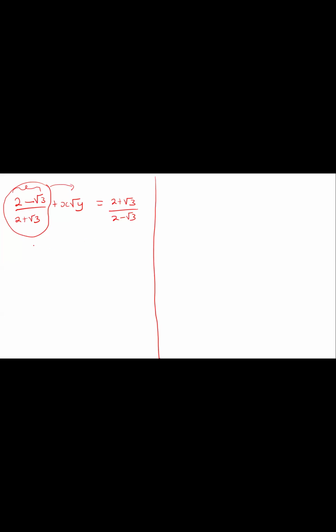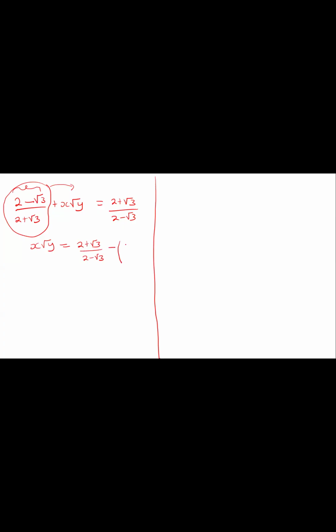So you are going to let me know which approach you want me to use. Either I first rationalize and simplify each side separately, or I first make it cross. Since people are okay, let me first make it cross. So when I cross this side, I'm going to remain with X equal to 2 plus root of 3 over 2 minus root of 3 minus.